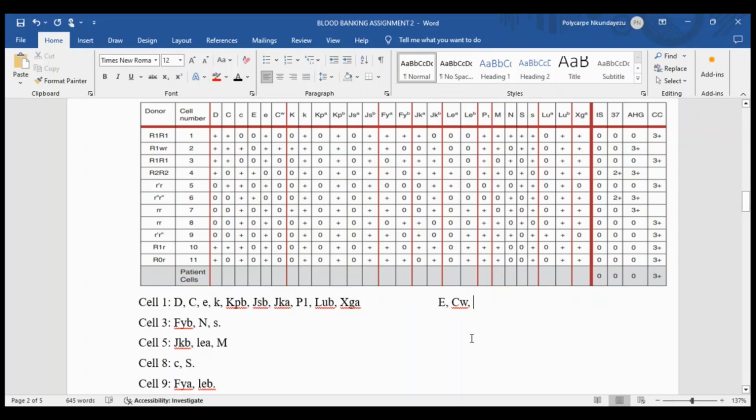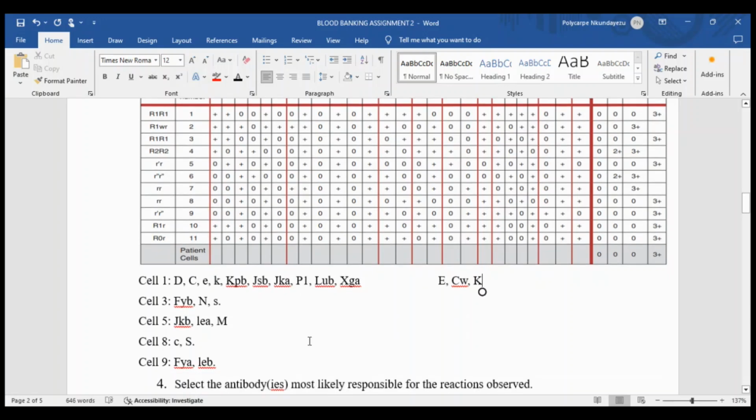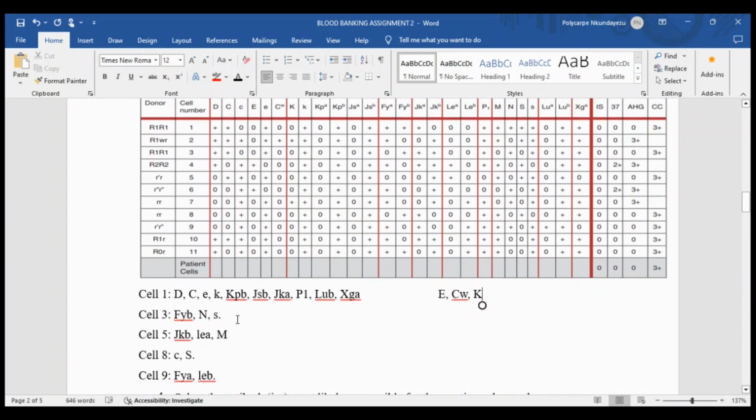No one is out, so it means capital K is not out according to our result here. Capital K is not out, and KPA is not there. The whole panel does not possess KPA, and KPB is out, so JSA is not there in the whole panel, so JSAB is out.